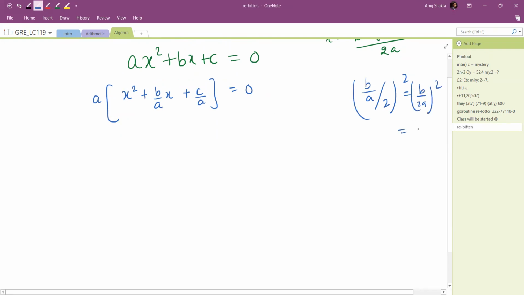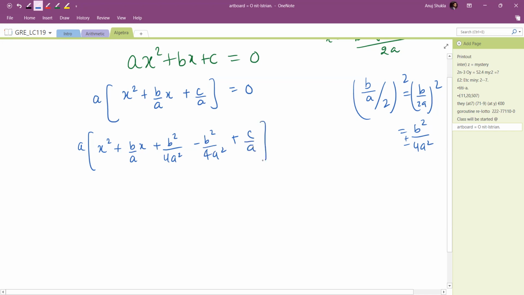Yes or no? And b by 2a whole square is b square by 4a square. This one you have to add and this one you have to subtract. So let's see. x square plus b by a x plus b square by 4a square, right? And minus b square by 4a square plus c by a.